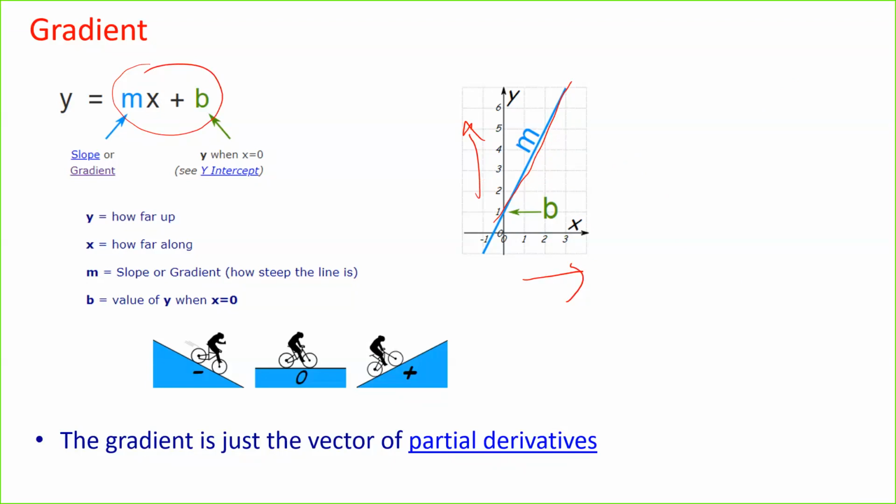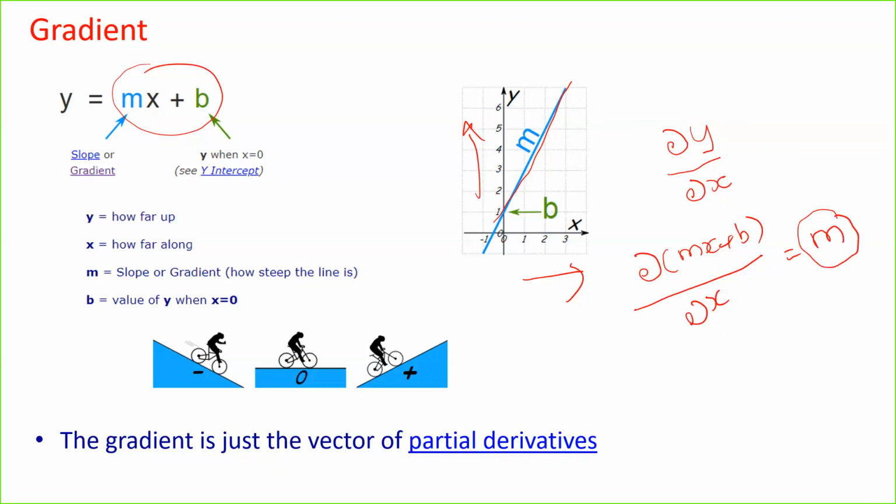If you want to know the slope of some function with respect to some variable as you vary that variable, then we have to take the partial derivative of that function with respect to that variable. Partial derivative of y with respect to x. So what would you get when you take the partial derivative of mx plus b with respect to x? You will get m, which is nothing but the slope or the gradient.